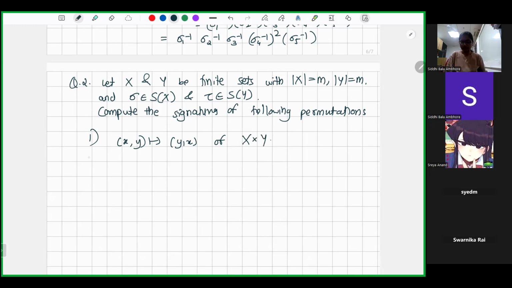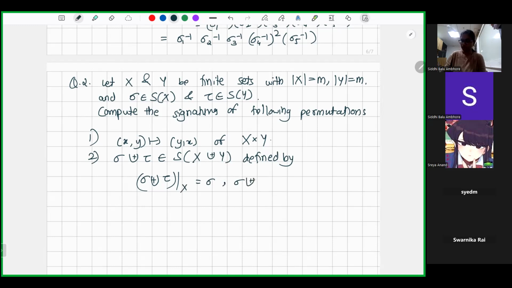And second is this sigma. This is called disjoint union. This sigma and tau belong to S of X disjoint union Y, defined by sigma disjoint union tau, where the restriction to X is sigma and the restriction to Y is tau.